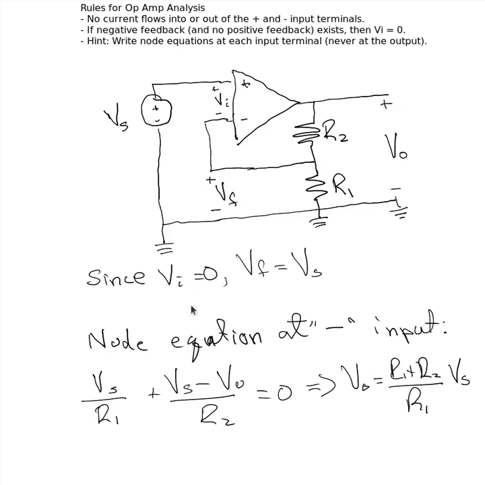And that's the first term in this node equation. The next current is the current going from this node up here, which is Vf minus Vout, and Vf was Vs, so (Vs minus Vout) over R2. So that's this term right here in the equation. And we add all those currents up, those three currents, 0 plus this one, and I get 0. Solving this equation using algebra, you end up with our old friend here.